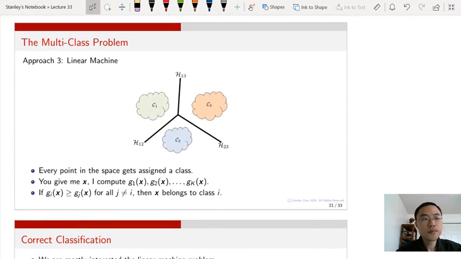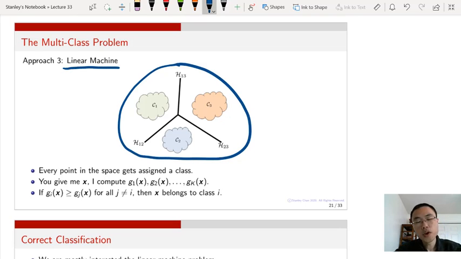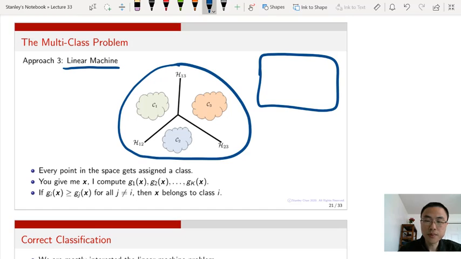So in the machine learning literature, what people have been using so far, at least in the recent 10 years, we have been mostly interested in the classification of type like this. Okay? Now in the linear case, it's called the linear machine. What it means is that you're going to partition the space into segments.